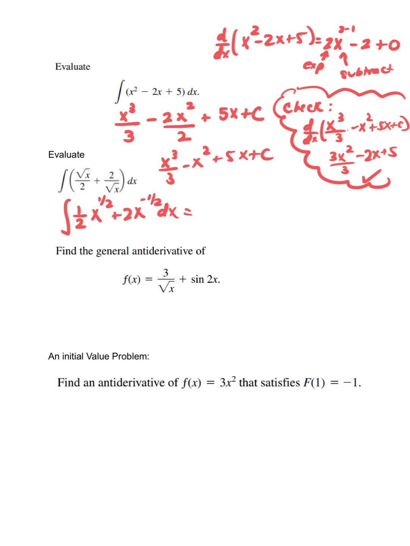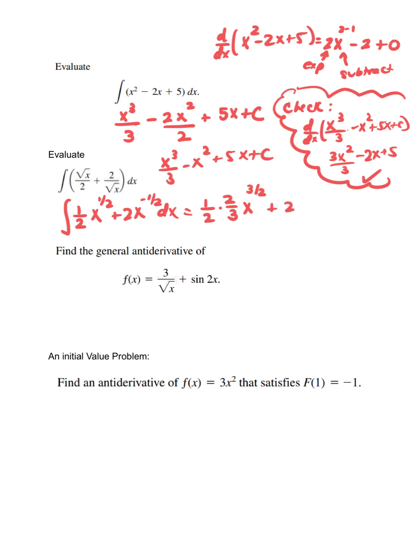Now I can do the same rule I just did, which is that I want to add 1 to the exponent. So 1/2 plus 1 makes 3/2. And I want to divide by the new exponent. So if I divide by 3/2, it's the same thing as multiplying by 2/3.